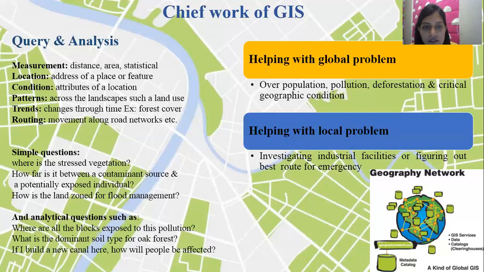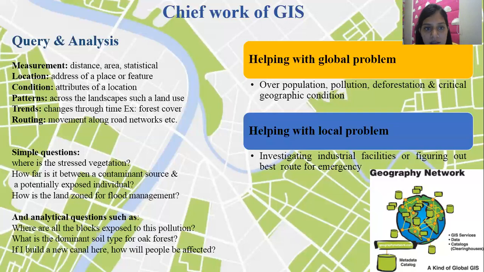So these are the major things: measurement, location, trends, patterns, routing, and conditions. According to that, we can apply query and analysis. Now, the simple questions which can be answered: where is the stressed vegetation? Here I have taken only some examples: where is the stressed vegetation, how far is it between a containment source and a potentially exposed individual?